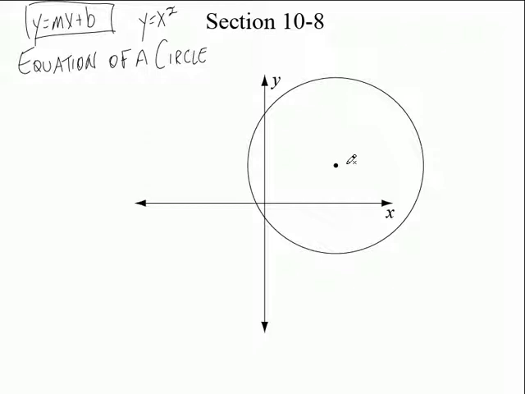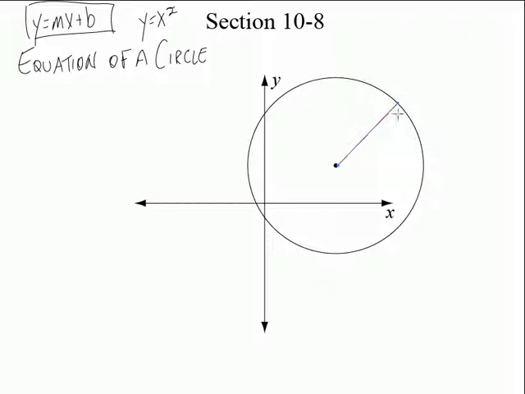It could be anywhere, and I just stuck it up in the first quadrant to make it easy. Now I'm going to draw a radius, and you could draw it anywhere. Let's do the radius from here to there.